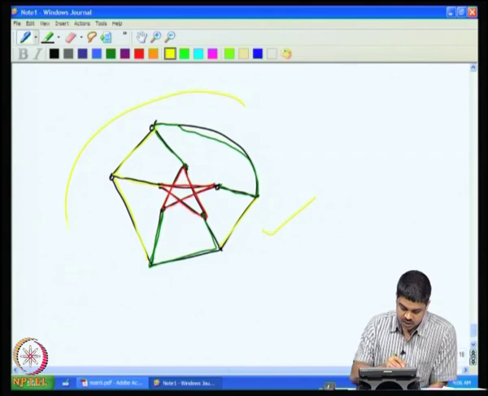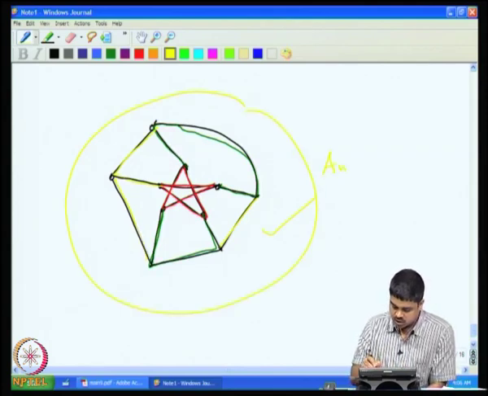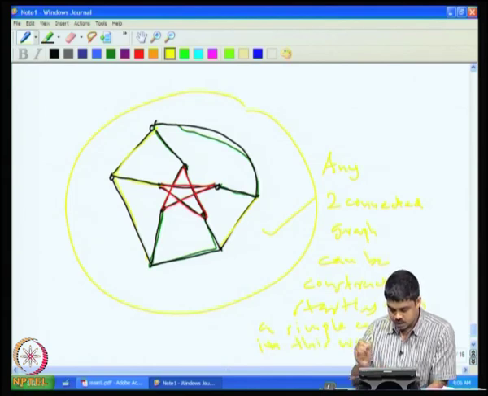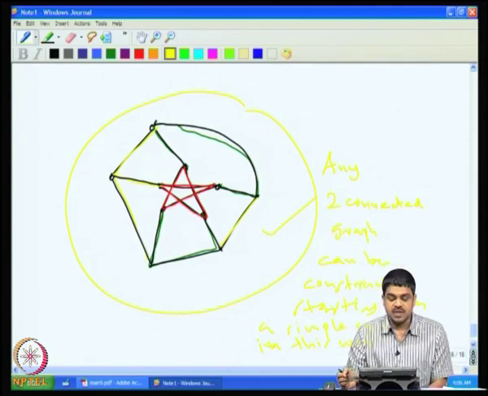Our proof told that any 2 connected graph can be constructed starting from a simple cycle in this way. In this way means by adding ears one after the other.